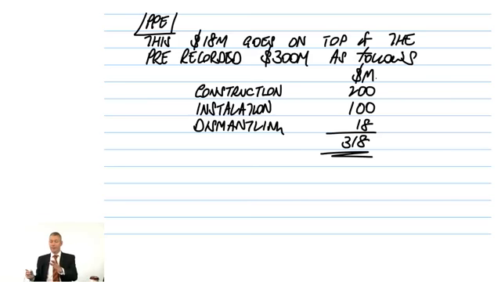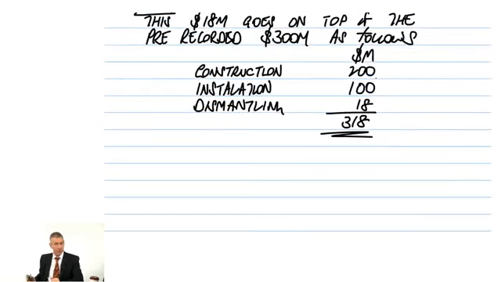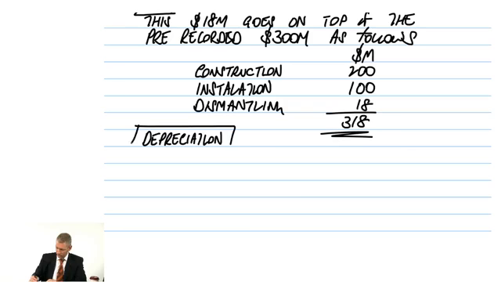Oh, but wait a second, then that PPE needs depreciating. Whoa, this is quite a long answer. Exactly, that's why it's 7 marks. Depreciation. Then this is depreciated over 20 years.